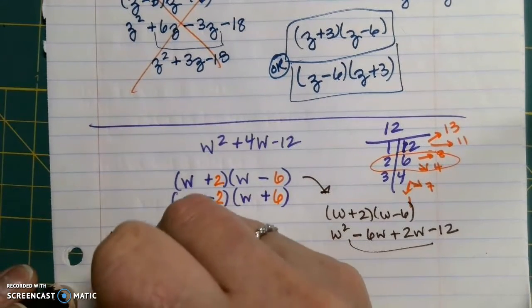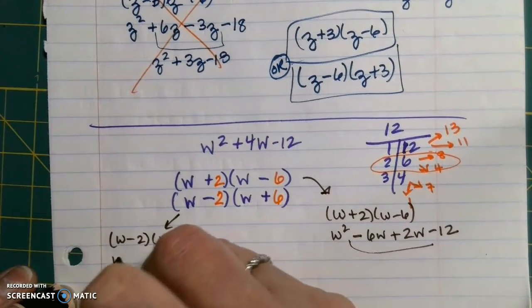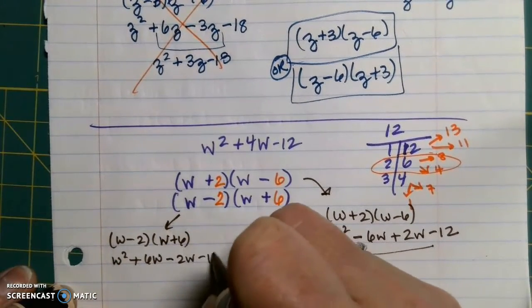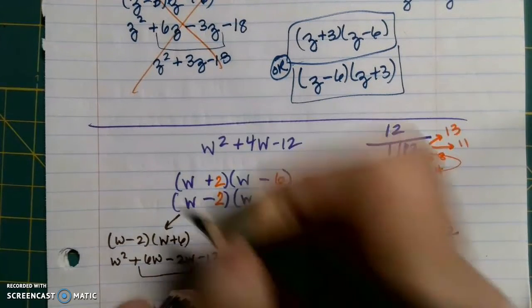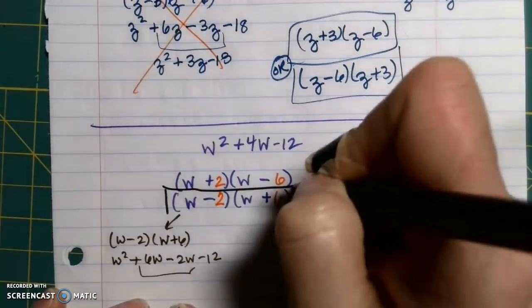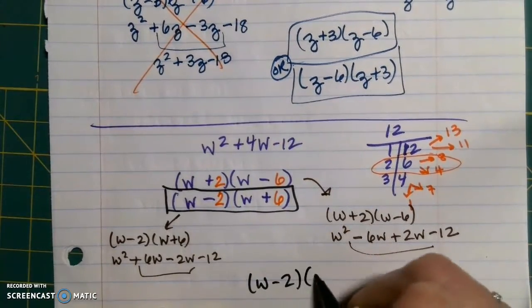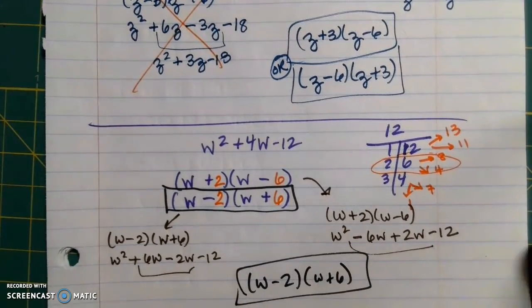And then if I work through foiling the other one, we'd get w squared plus 6w minus 2w minus 12, and this would give us a positive 4w for the middle term. So the one that we want for the answer is that second choice. So w minus 2 and w plus 6 is going to be our answer on that one.